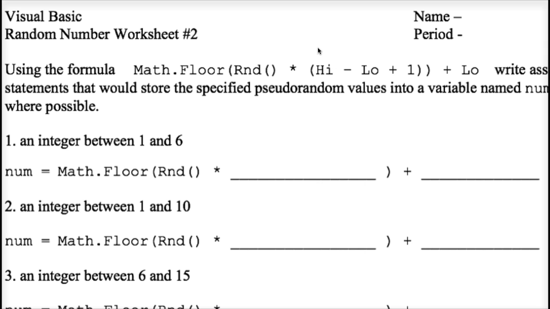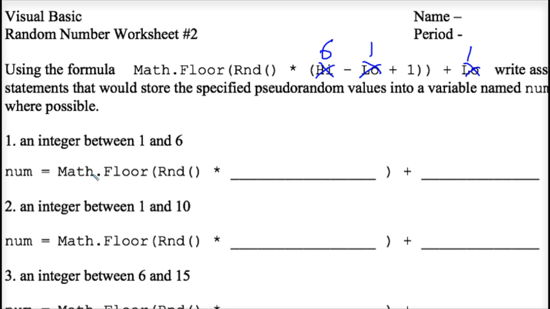You would plug in the highest possible roll, 6, for the variable named high, and the lowest number that you can get on a dice roll is a 1, so you'd plug that in for my variable low. I know I misspelled the word low. I did it on purpose. Okay, so this is the formula. The low also, you would plug in a 1 here. Gee whiz, this is easy.